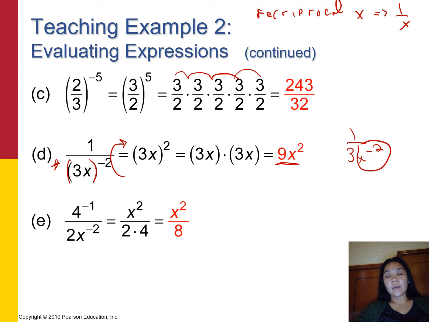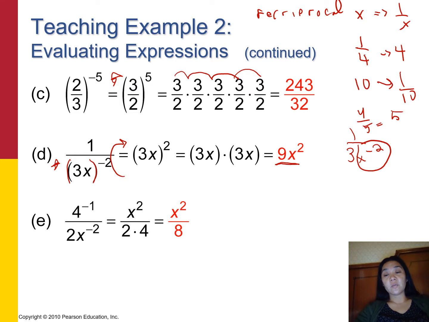If you had 1 over 4, the reciprocal is just 4. If you had 10, the reciprocal is 1 over 10. And last but not least, something like 4/5. The reciprocal is 5/4. So again, just flipping it over.